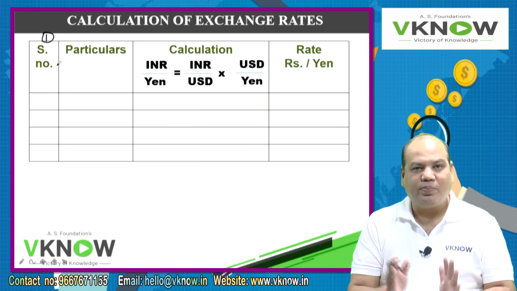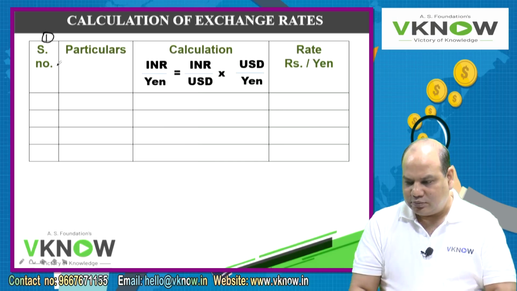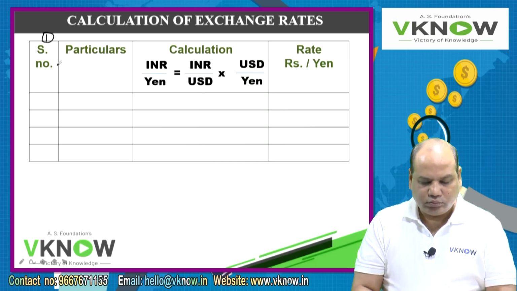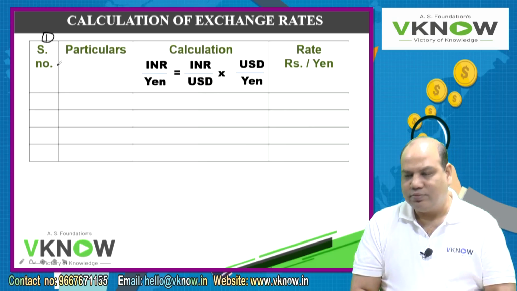So why not prepare in a tabular format for easy presentation? Write down the heading: step 1, calculation of exchange rates. Serial number, particulars. Third column, calculation. Under calculation, write down the cross rate formula.